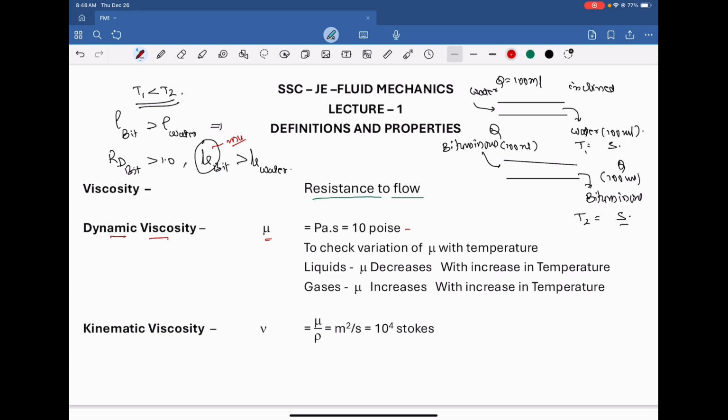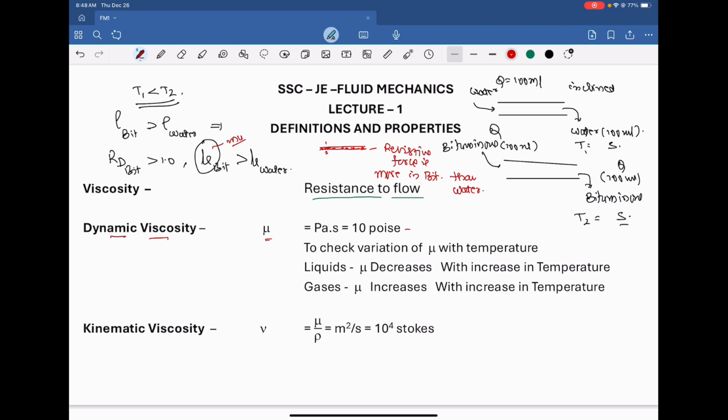That means the thickness between layer to layer in bituminous, one layer is there, another layer is there, layer 1, layer 2. The resistive force is more in bituminous than water.